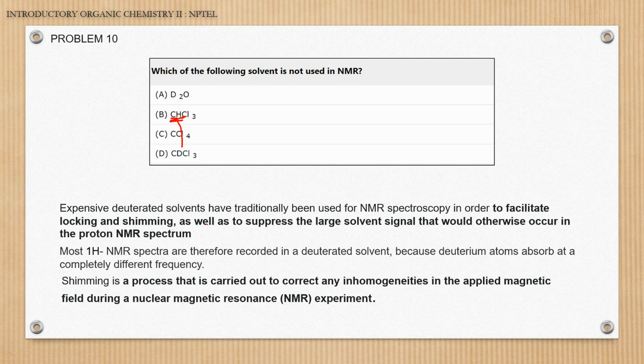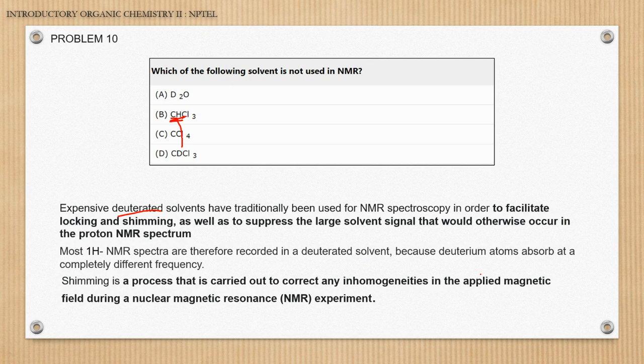It needs a different radio frequency to be shown, and that is why deuterium is the much-loved solvent in NMR. So deuterium will never show up at the normal radio frequency in which NMR is recorded. That is why deuterated solvents are the traditional solvents, used to facilitate locking and shimming.